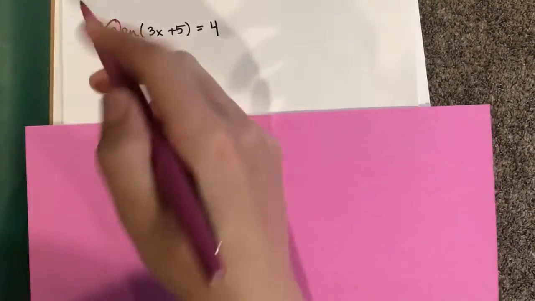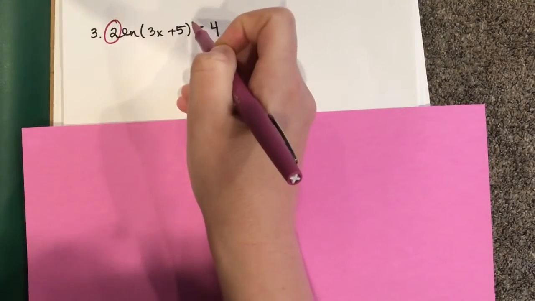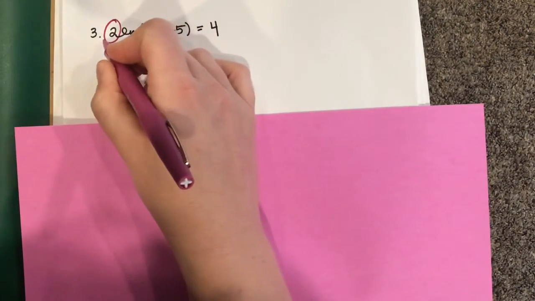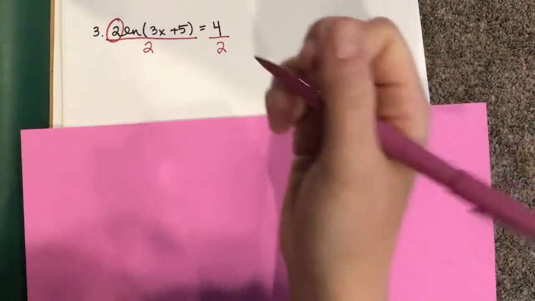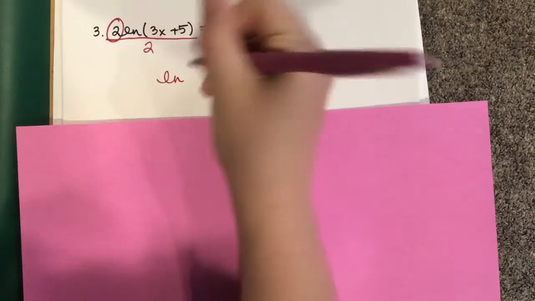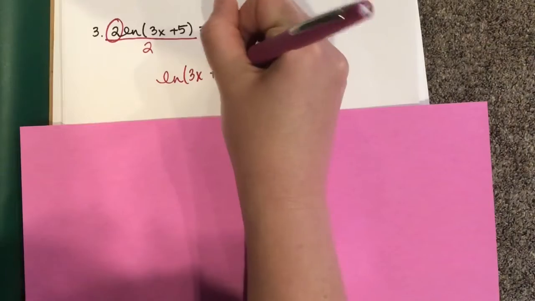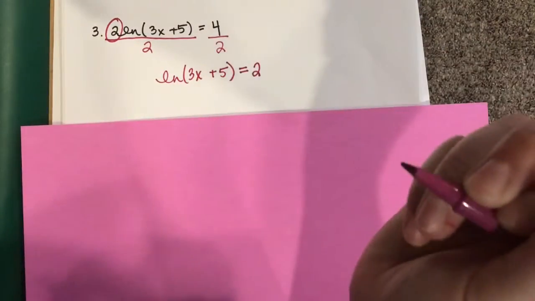So I have two options. I could take this and bring it back as an exponent. But honestly, the easier thing here to get that log by itself would be to divide both sides by 2. So we're left with the natural log of 3x plus 5 equals 2.